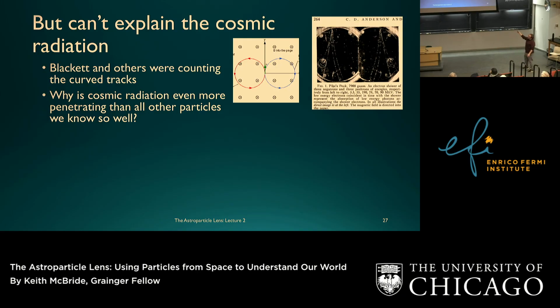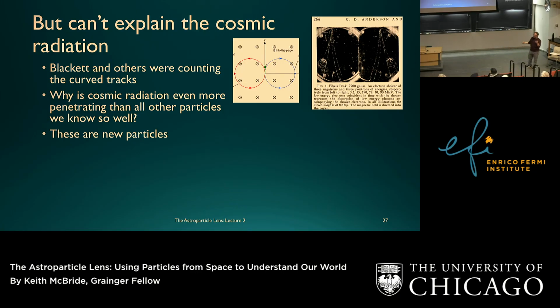And so some of Carl Anderson's cloud chamber trackers at the top of Pikes Peak here were very strong as well. They were almost 8,000 Gauss, which is pretty close to a Tesla. And in this paper here, we have an electron shower on the right and positron shower on the left, curving in different directions, right? We're very confident what's happening.